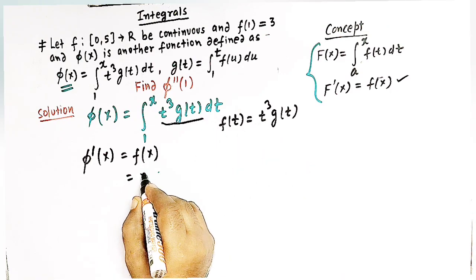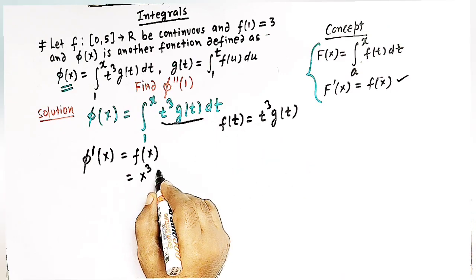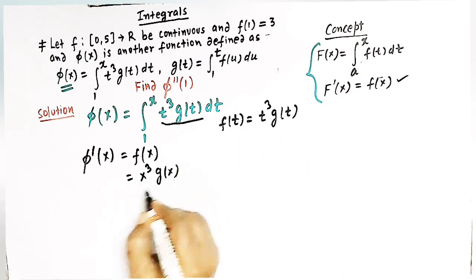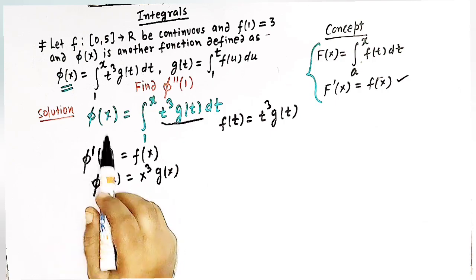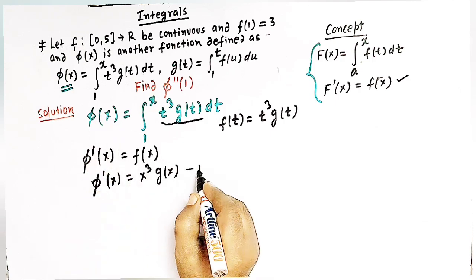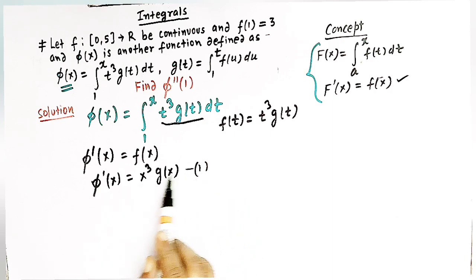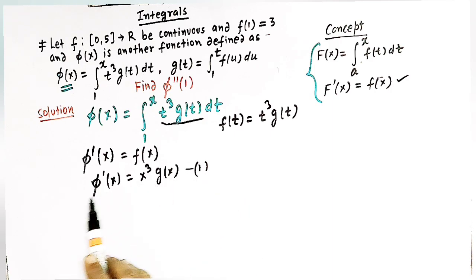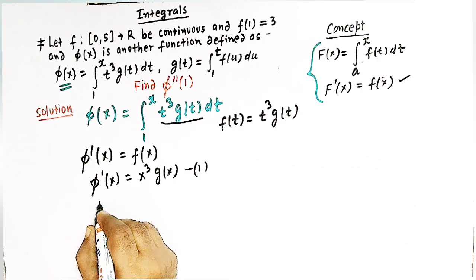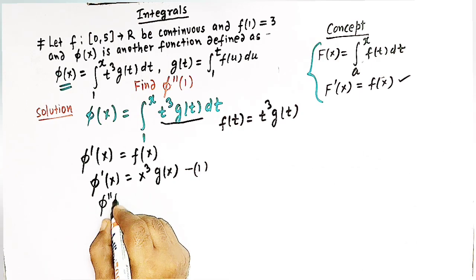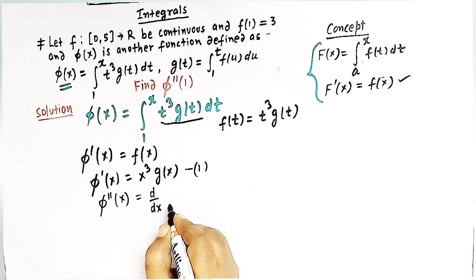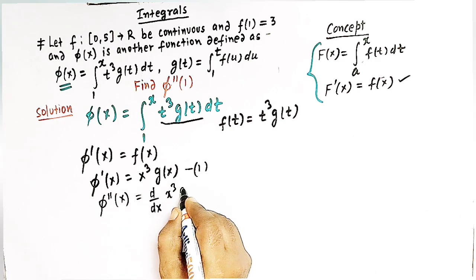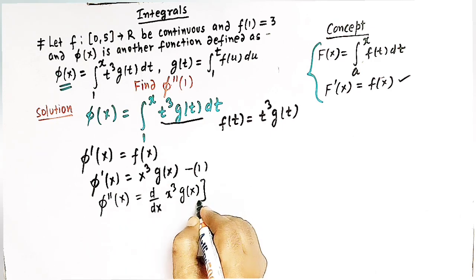So we have here x cube, and then we have g of x. So we have obtained the derivative of phi of x. Now let us differentiate both sides again with respect to x. So now we have phi double prime of x, and here we have d by dx of x cube times g of x.